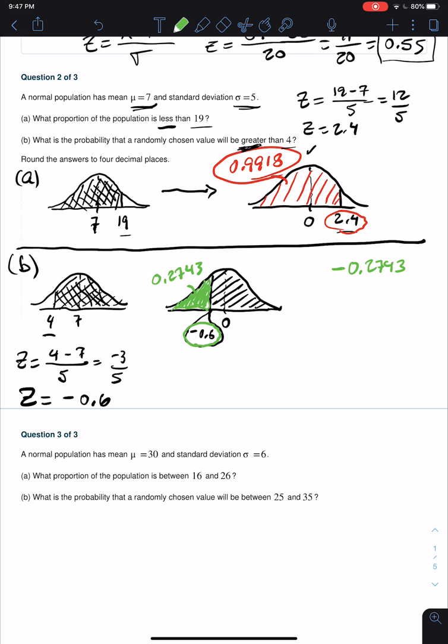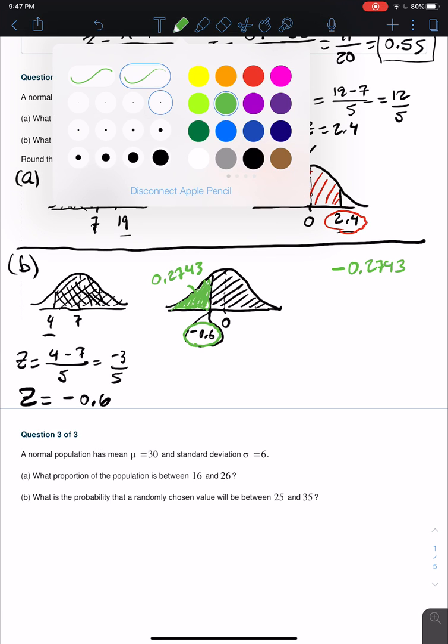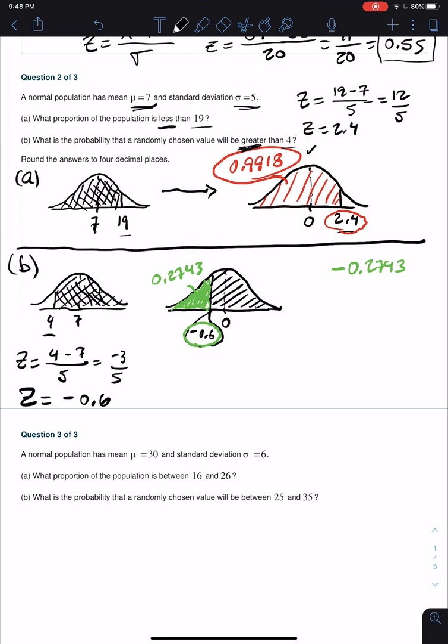From what? Well, the total area under that curve is 1. So if you take 1 minus that green stuff, you're left with the shaded value to the right, and that's what we're looking for. So 1 minus 0.2743 gives us 0.7257. And that is the answer for part B.